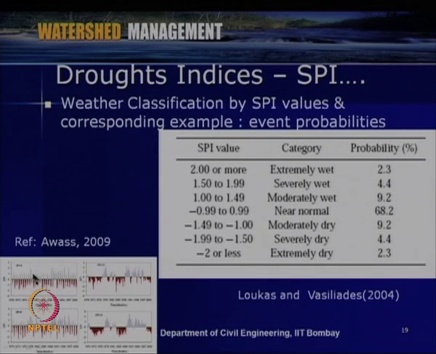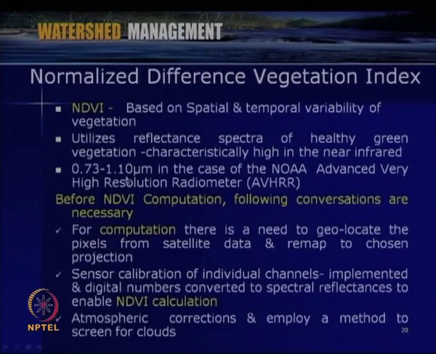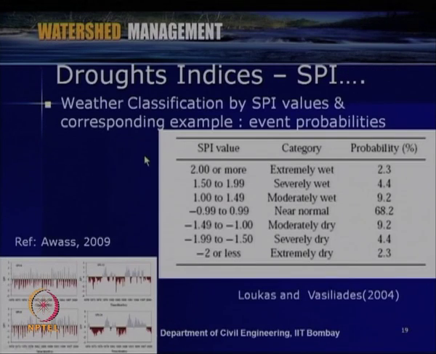We can also derive the SPI with respect to the rainfall pattern like this. The details are given in the reference Avas 2009, and this table is taken from Lucas and Vasilidae 2004. These reference details are given at the end. So, that is about the SPI or standardized precipitation index.